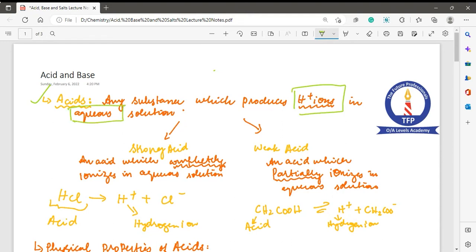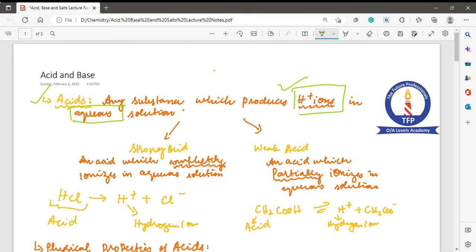So if you want to identify any chemical substance as an acid, it must produce H positive ion in aqueous medium. If a substance or a chemical reagent produces H positive in an aqueous medium, we term it an acid. इसका मतलब है कि for acid, a species must produce H positive ion in the aqueous medium.